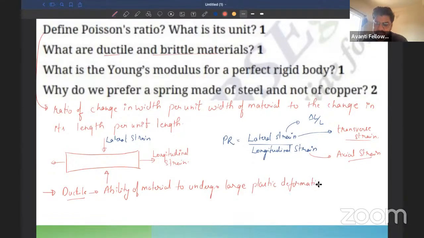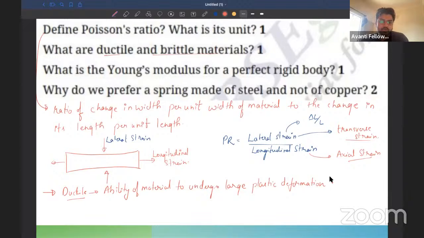When we'll study this chapter, I'll tell you everything about what is this plastic deformation. अभी थोड़ा सा समझ में आया होगा, है ना? Plastic deformation means it can last longer when you stretch it. It will not break. Ability of material to undergo large plastic deformations prior to failure.